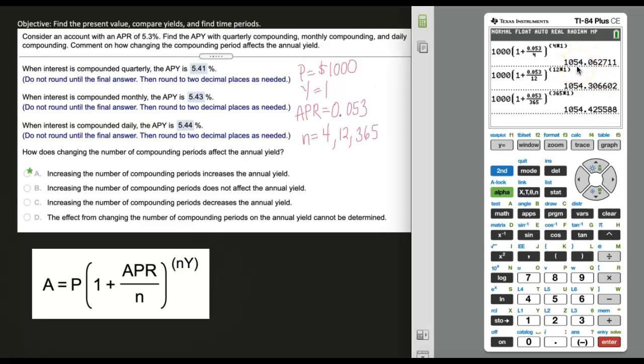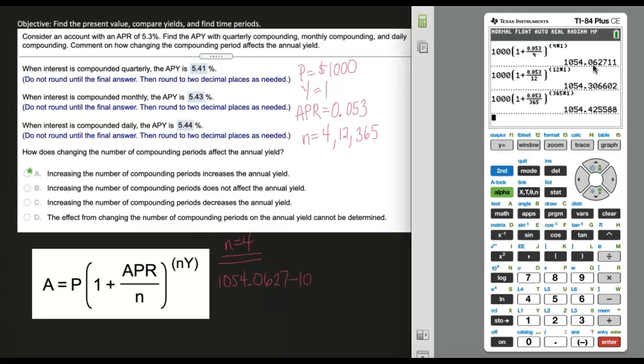So next I want to find a percent change. And I would take the amount that's provided here. So for when N is 4, to get the percent change in that case, we're going to do 1,054.06, and I'm going to go ahead and take a couple more digits there just for accuracy.